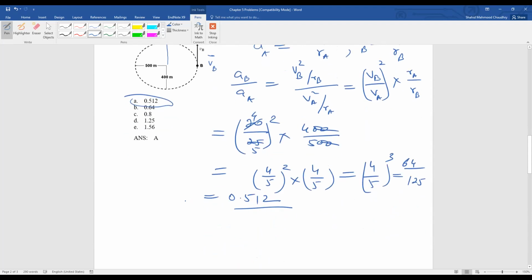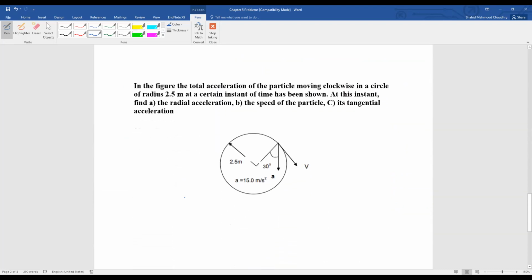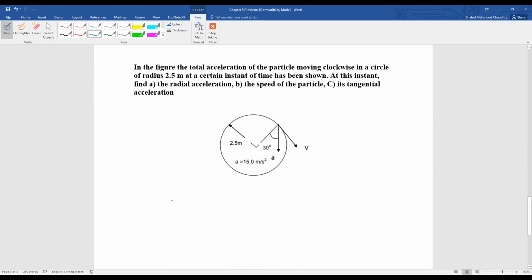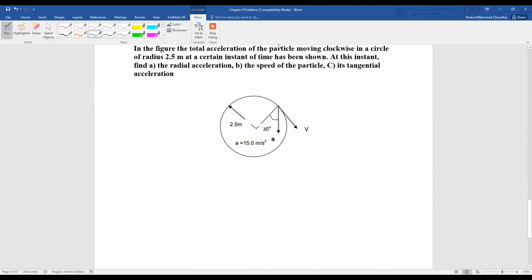Okay. After this, see this problem. In the figure, the total acceleration of a particle moving clockwise in a circle of radius 2.5 meter at a certain instant of time has been shown. Here the particle is moving in the clockwise direction.